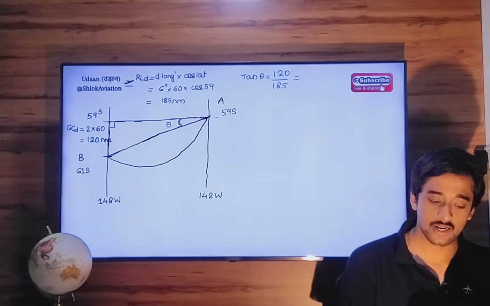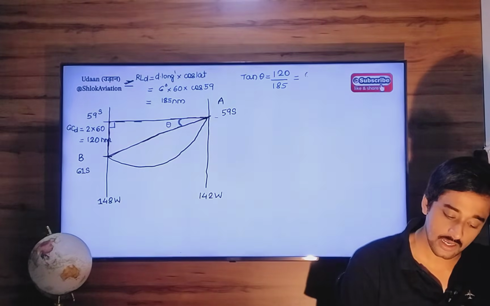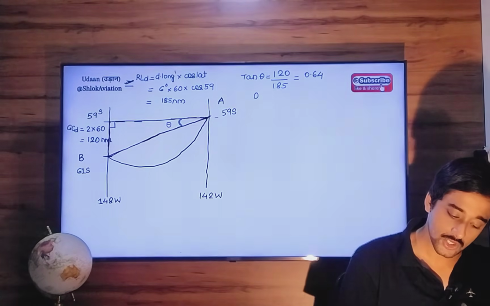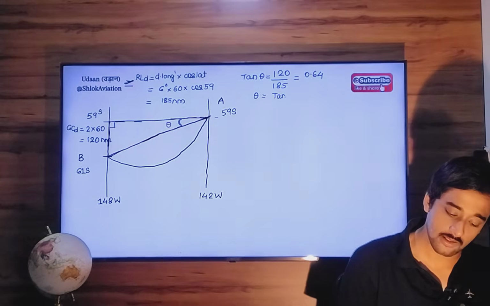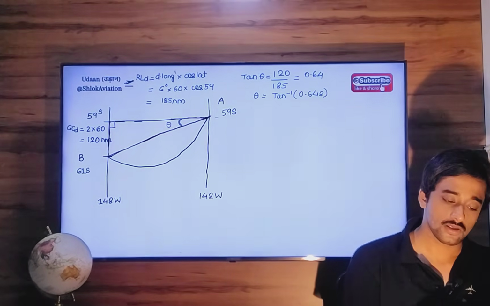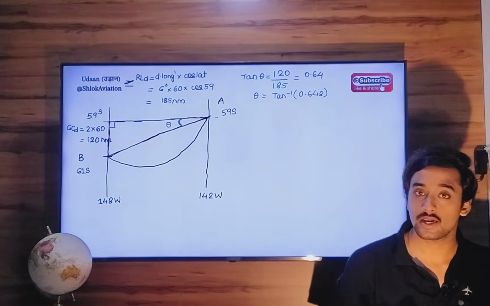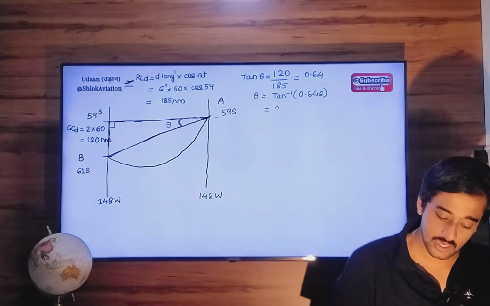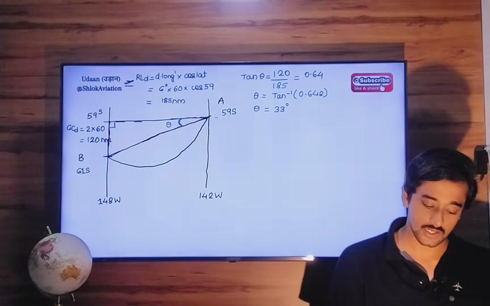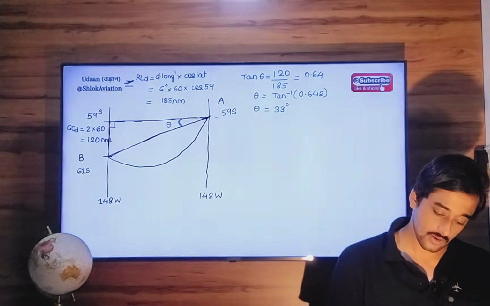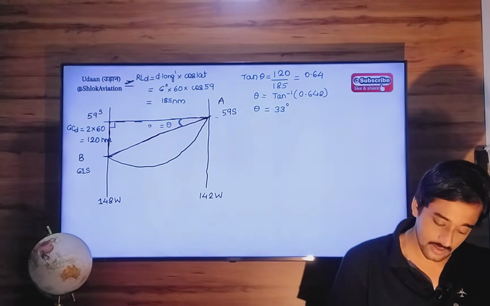So 120 divided by 185 is 0.648. So theta will be tan inverse 0.648 something. So that is equal to 33 degrees, approximately 33 degrees. Okay, so this is 33.